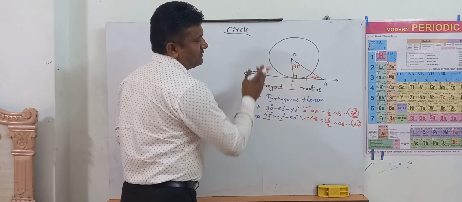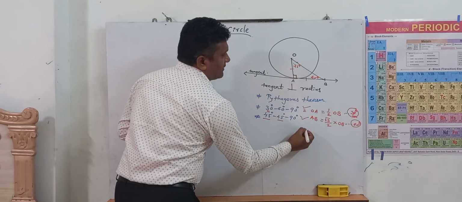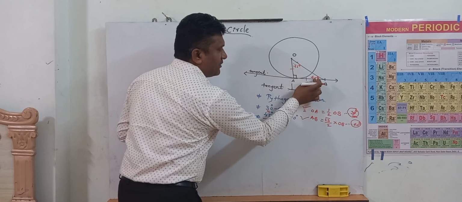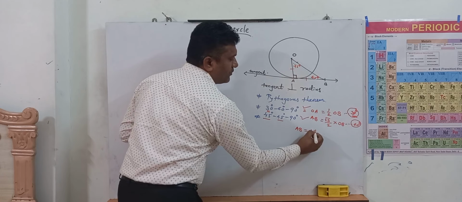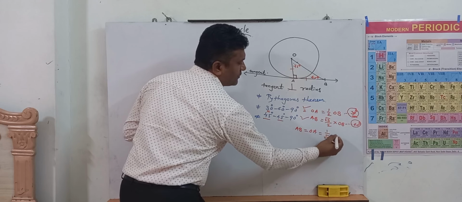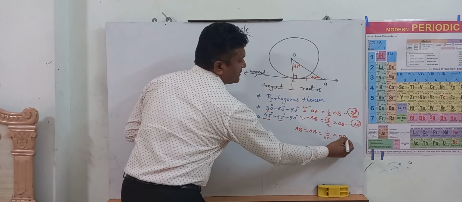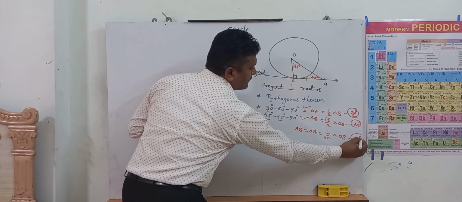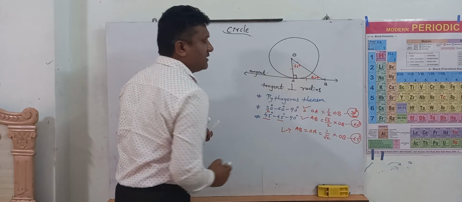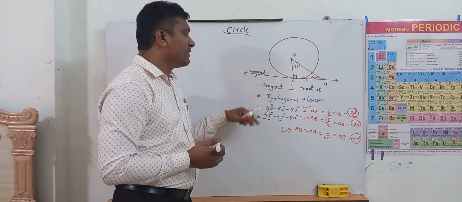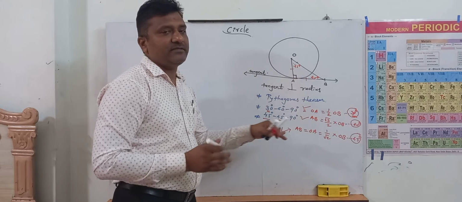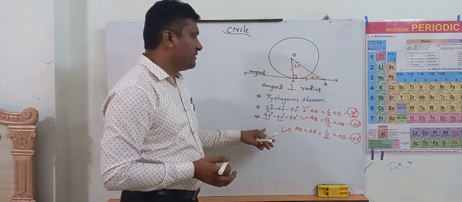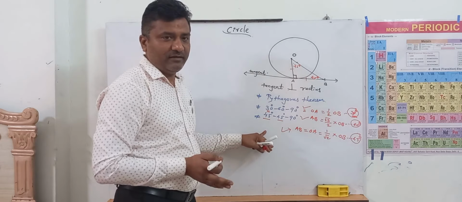Then the side opposite to 45, that means either you can take AB or OA, AB equal to OA is 1 by root 2 of the hypotenuse. That is the side opposite to 45 degree. So remember these three important properties of the right angle triangle, that is 30, 60, 90 and 45, 45, 90. Sometimes its application is very useful.